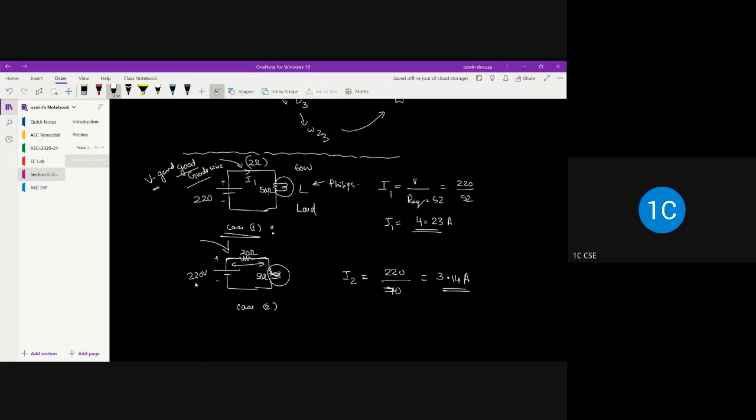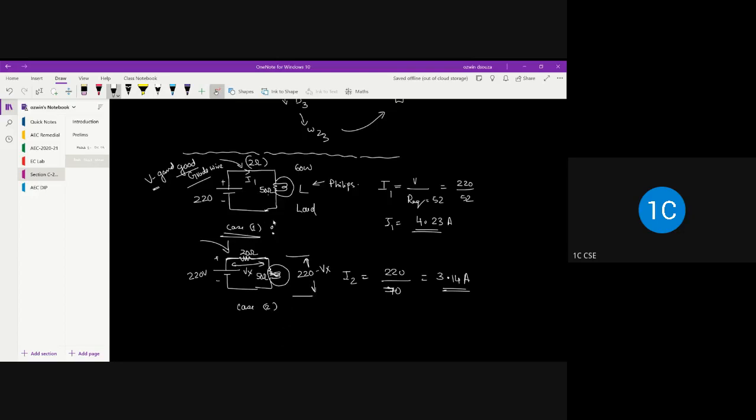So 220 you are supplying, and some part of 220, Vx, is going to appear across, let's say, a 20 ohm resistor. The remaining voltage, which is 220 minus Vx, will appear across your lamp.